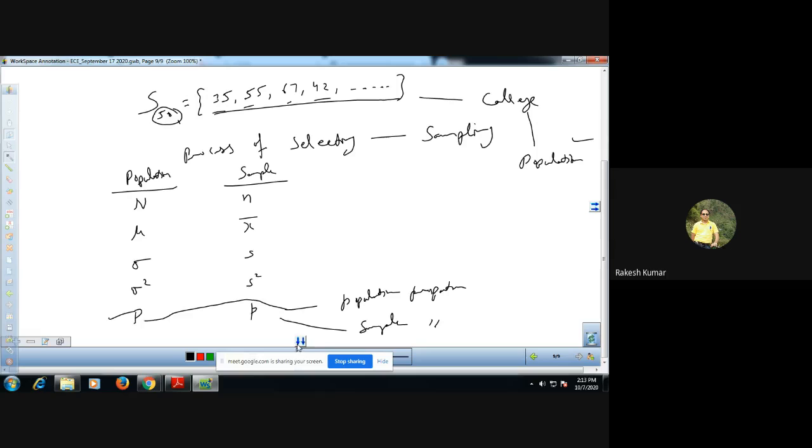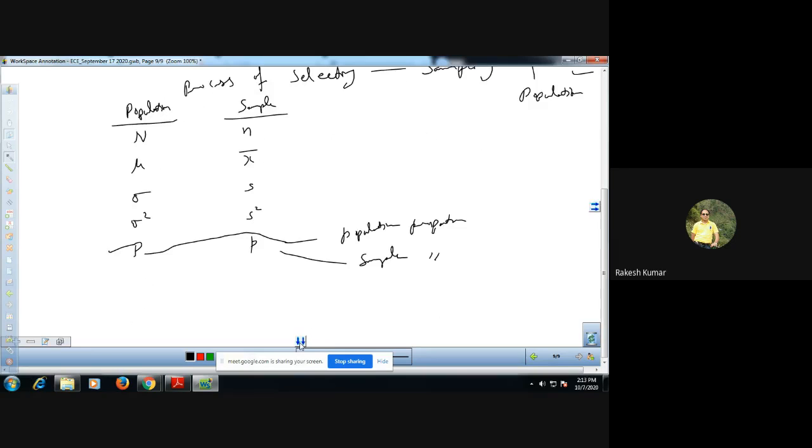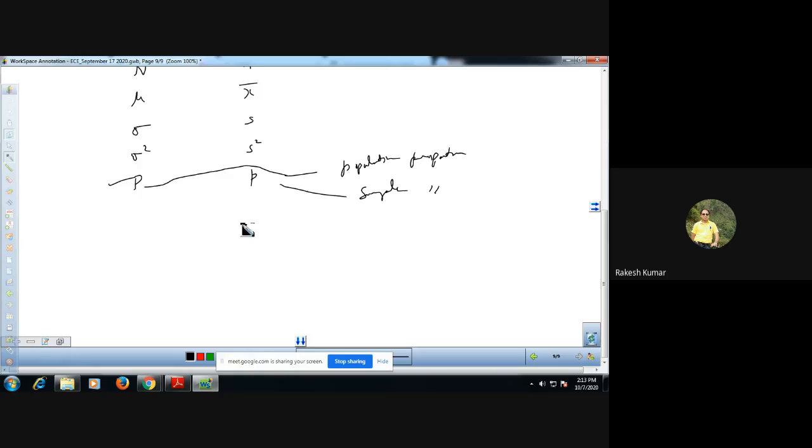Now there is the term which is called testing of a hypothesis. Testing of hypothesis. So we shall test the hypothesis. This is also said to be testing of significance.